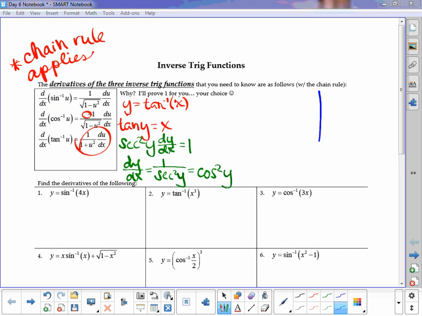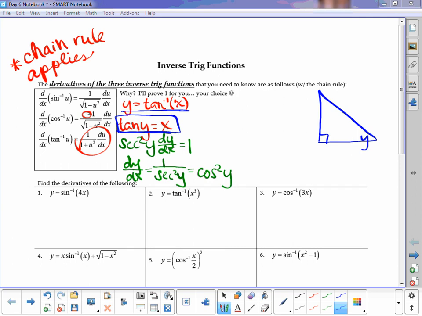Let's set up the triangle that satisfies this situation. Alright, so I'm trying to find, actually we're going to go back up to here. It's supposed to satisfy this equation, which means it should satisfy this. So tangent of y equals x. Y is my angle that I'm looking at. You can pick whichever angle you want. I'm just going to go with this guy here.